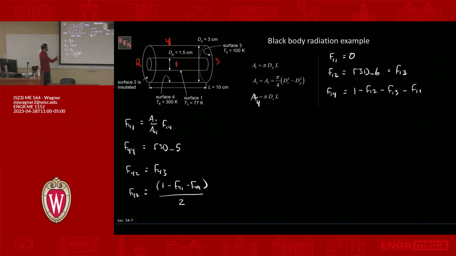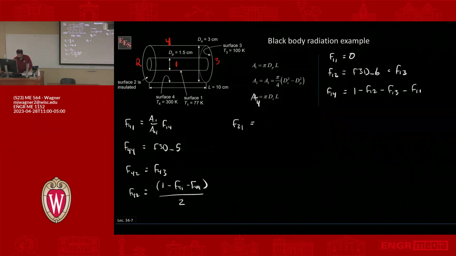We have surface 1 and surface 4. Let's do surface 2 next. Let's look at F2,1. What do we know? We already know F1,2.